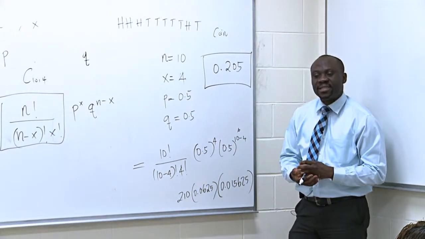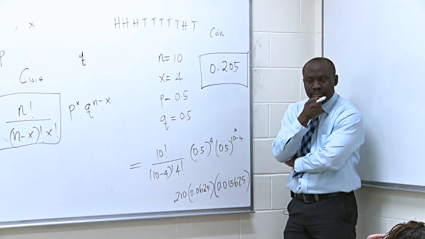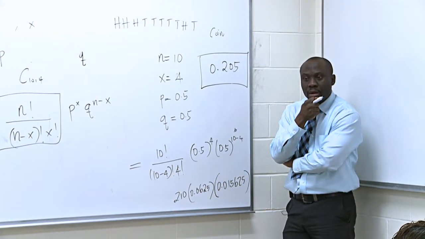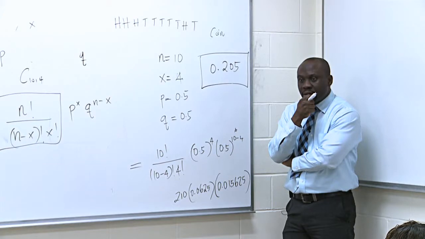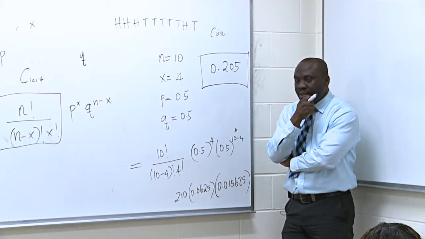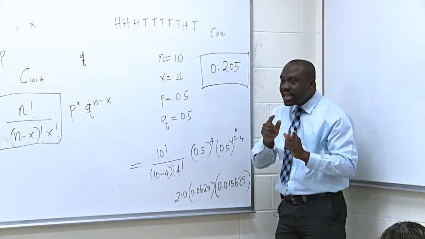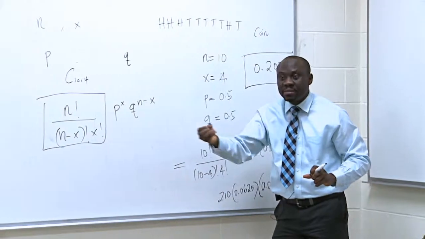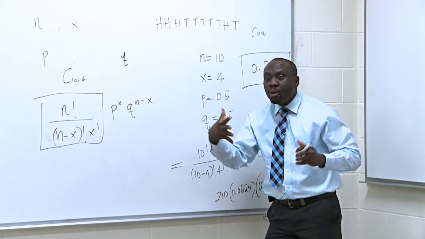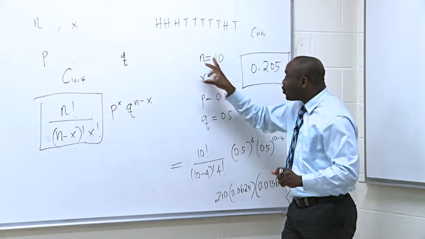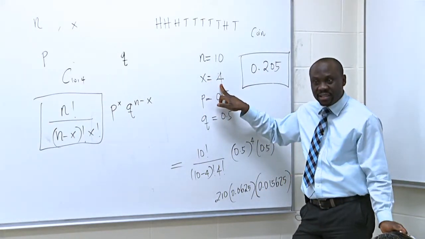But do we know that by looking for heads, if the probability is 20%, then the probability for tails is 80%? That's not what we're saying. We are saying that we're going to toss the coin 10 times. When you toss the coin 10 times, what is your chance that out of the 10 tosses, you get 4 heads?